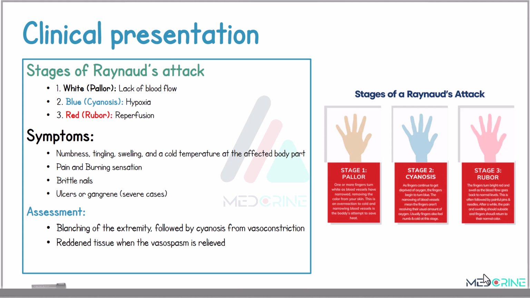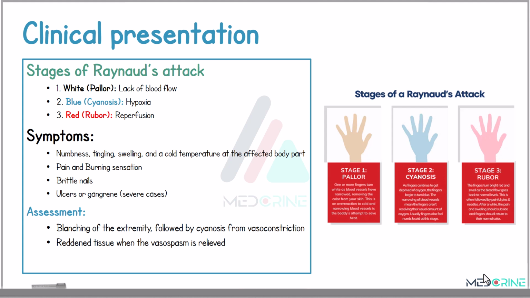Raynaud's disease progresses through three stages: the Pala stage, known as stage 1, the cyanosis stage, or stage 2, and the Ruber stage, or stage 3. In the first stage, the affected area turns white due to lack of blood flow to the area, and next it turns blue, what we call cyanosis, as oxygen levels drop.